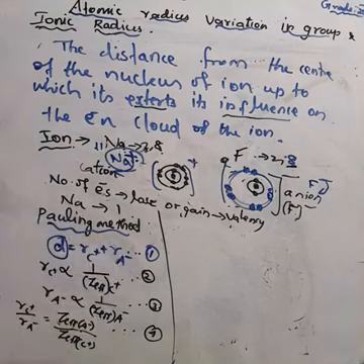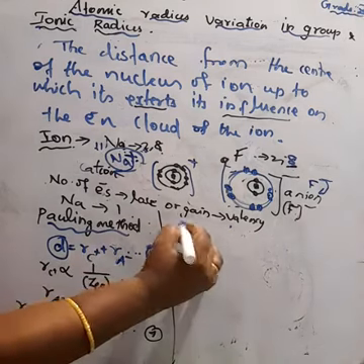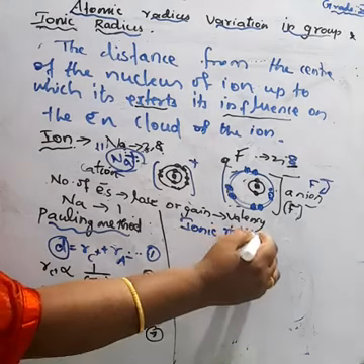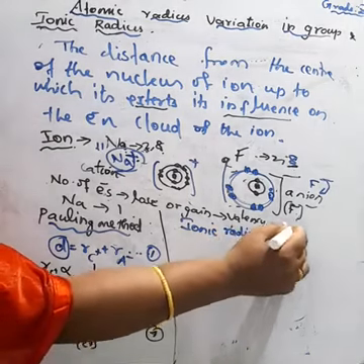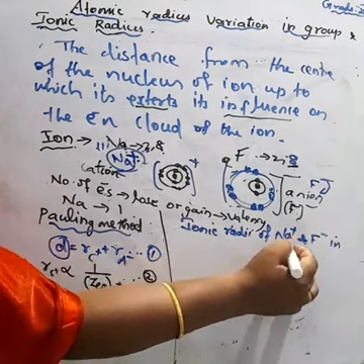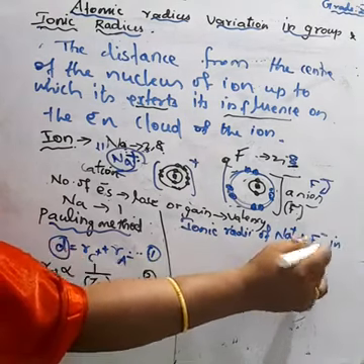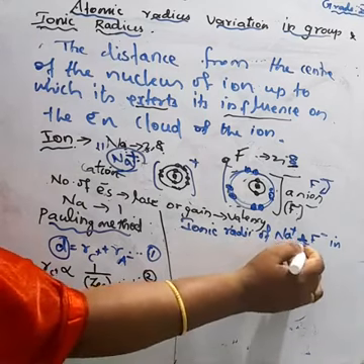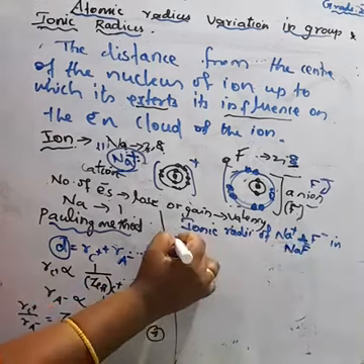For example, let us explain this method by calculating the ionic radii of Na plus and F minus in the NaF crystal. We are taking the sodium fluoride crystal, whose interionic distance is 231 picometer.